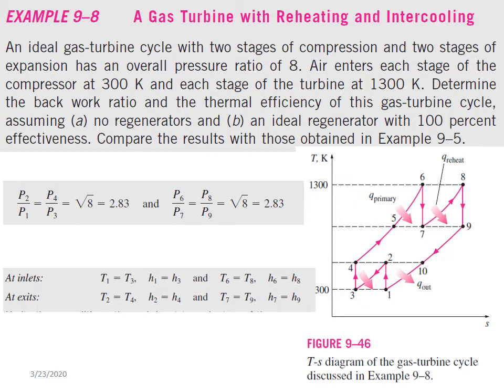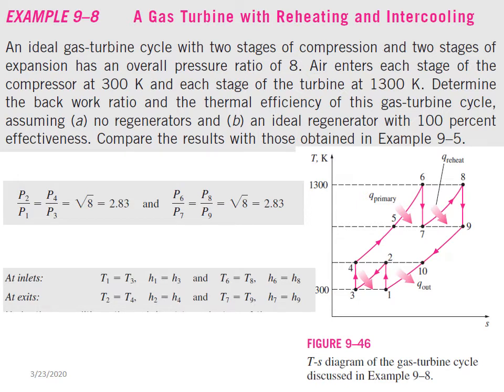To solve this problem, we will take certain assumptions. As this is an ideal gas turbine cycle, steady operating conditions will be applicable. Also, we will consider the air standard assumptions. The changes in kinetic energy and potential energy will be completely ignored.